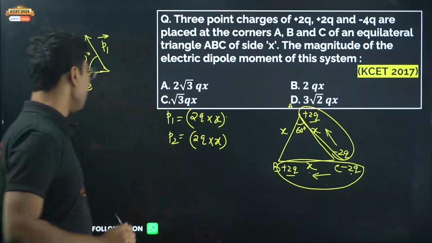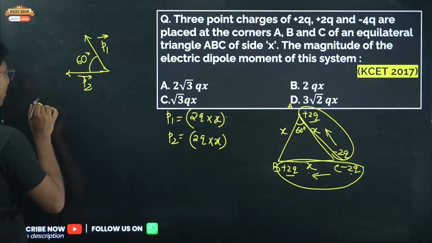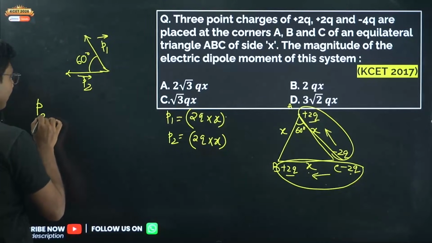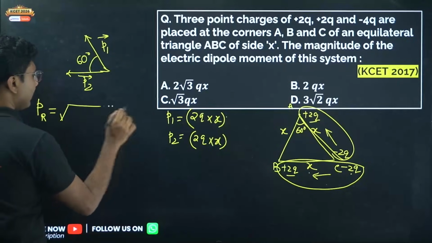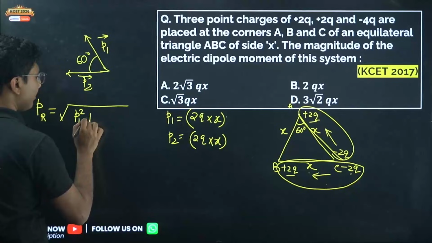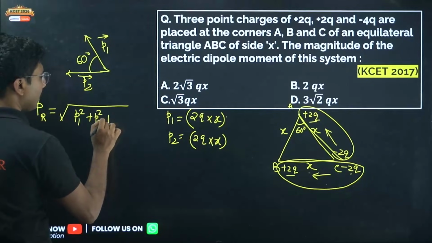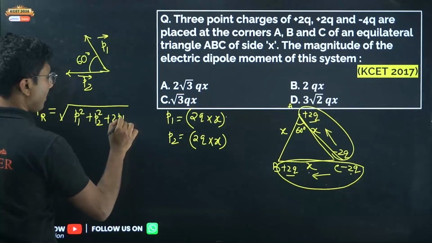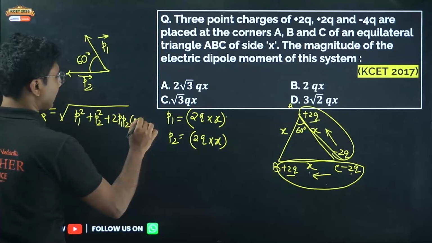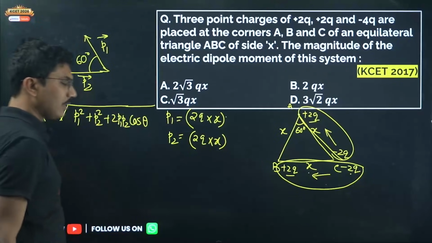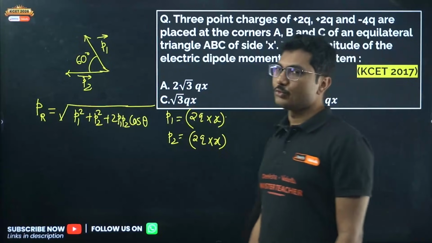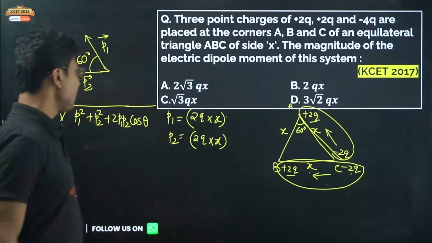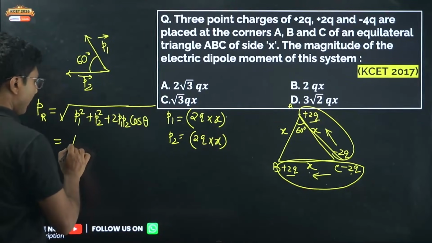So what is the net dipole moment? Net dipole moment is given by, say, PR is resultant, that's why PR. It is given by P1 square plus P2 square plus 2 P1 P2 cos theta. Sometimes we forget the simple formula, which is the vector addition formula, a square plus b square plus 2ab cos theta. Now we have to put these values.